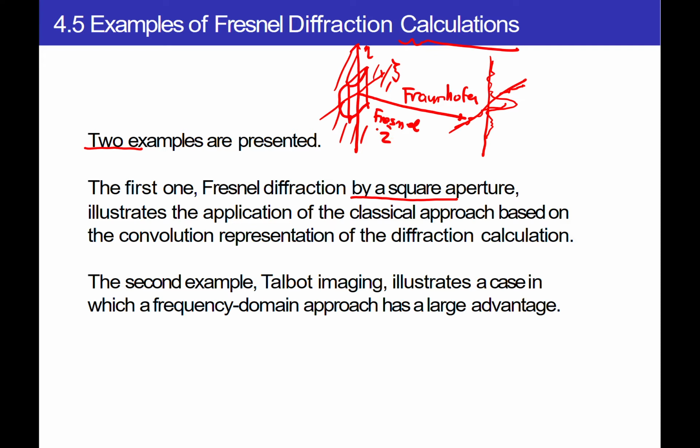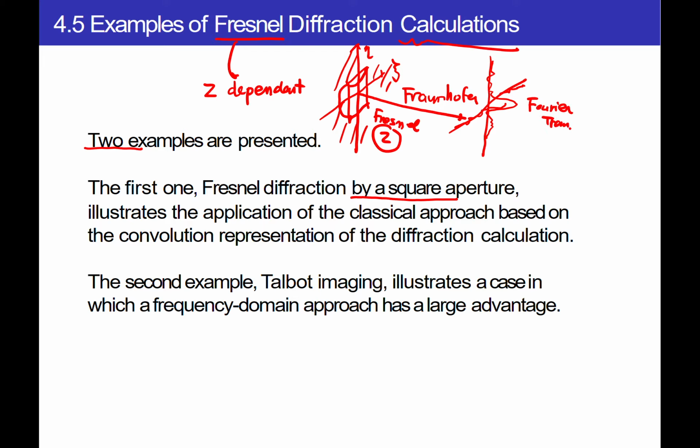So first thing we need to know is that Fresnel diffraction is actually z dependent. In contrast, Fraunhofer diffraction did not depend on the z, because it is just simply a Fourier transform.